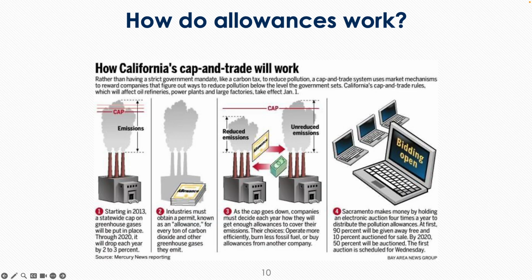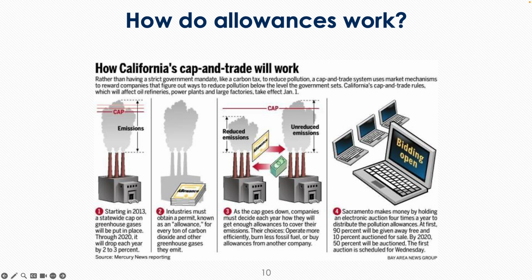Okay, and then all the industries that emit carbon have to obtain a permit known as an allowance, as I was mentioning earlier. For every amount of emissions that they produce, they have to basically use up an allowance. And every year, as that cap goes down, the amount of permits provided to all of these entities is decreased.